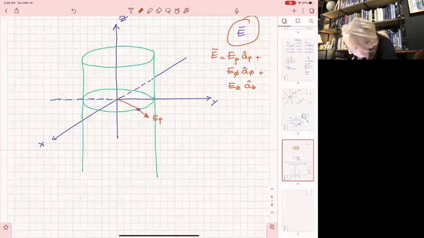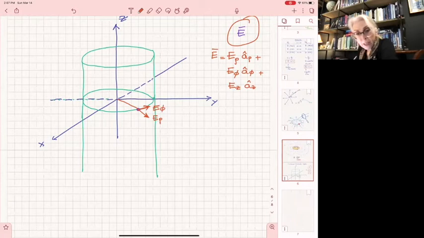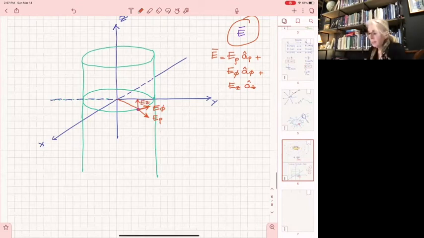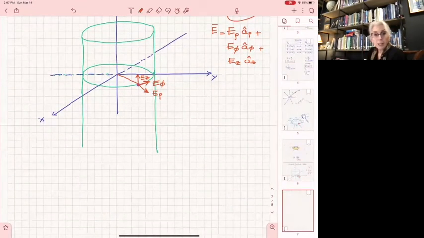E sub phi is going to be perpendicular to E rho, tangential to the circle. So E sub phi is going to look like this. And what is E sub z? E sub z is going to go through my point. It is going to be perpendicular to both E sub rho and E sub phi. So this. All right. So if I look at this point, I see these three components.